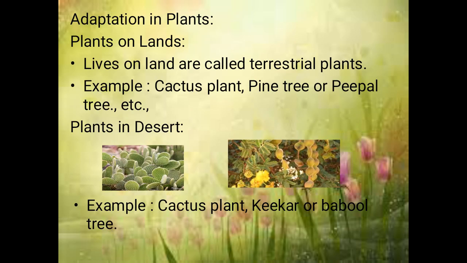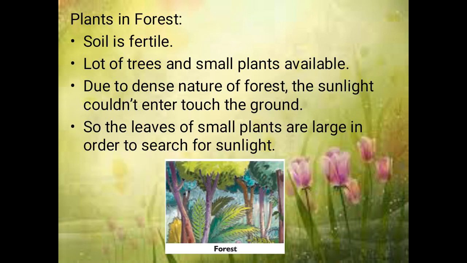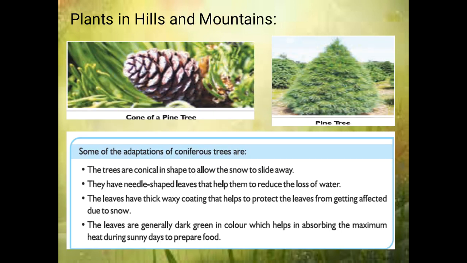Plants living on land are known as terrestrial plants, and the plants in the desert have thick fleshy stems in order to prevent the loss of water. Plants in the forest have long leaves in order to search for sunlight, as the forest is dense, right? And plants in hills and mountains have cone shaped trees.